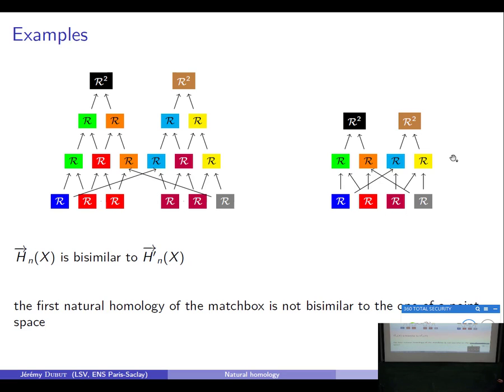What we can prove also is that there is an open morphism from natural homology to bimodule homology. So both notions of homology are equivalent for this notion. And we can also prove that the first natural homology of the matchbox is not bisimilar to the natural homology of a point, which means that bisimulation does not lose information, typically the defect of dihomotopy.